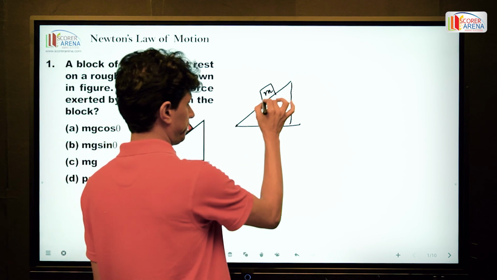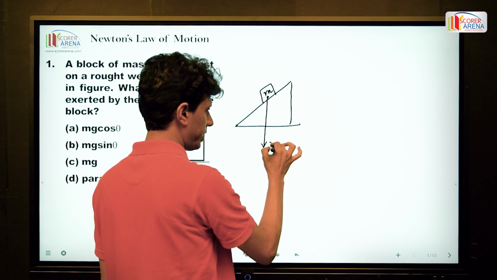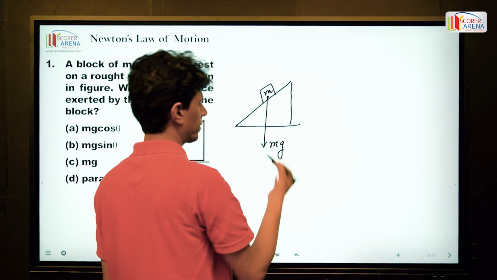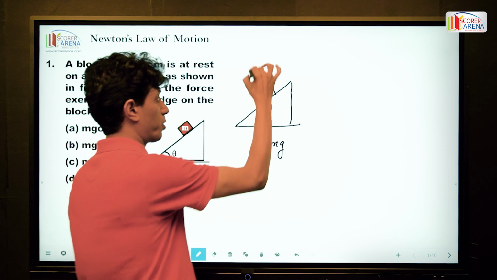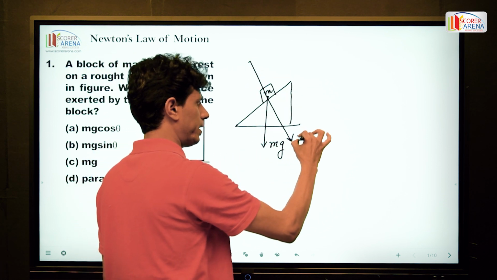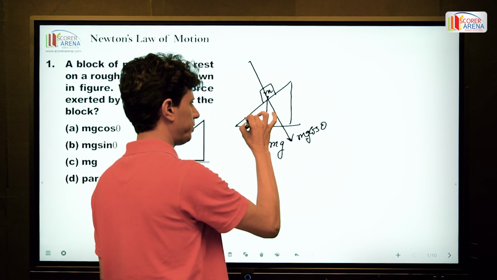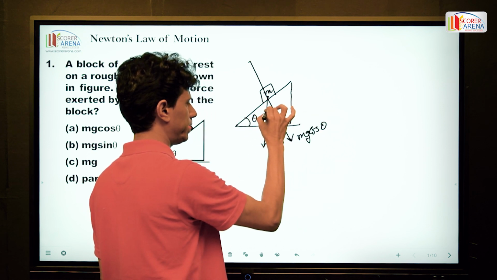So here mg is the gravitational pull and normal reaction is N. If this angle is theta, then the component is mg cos theta.